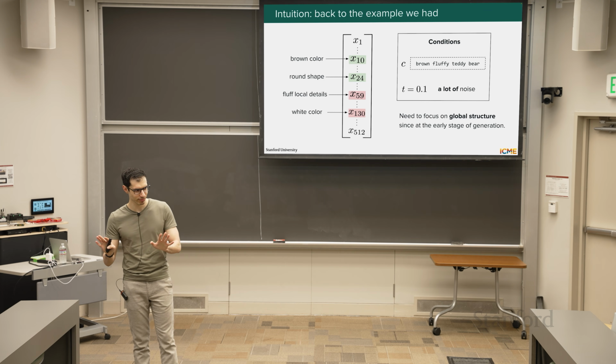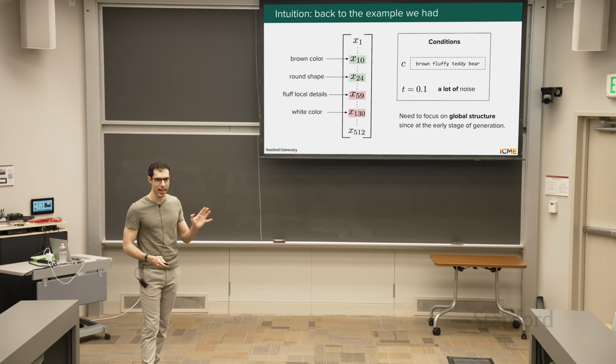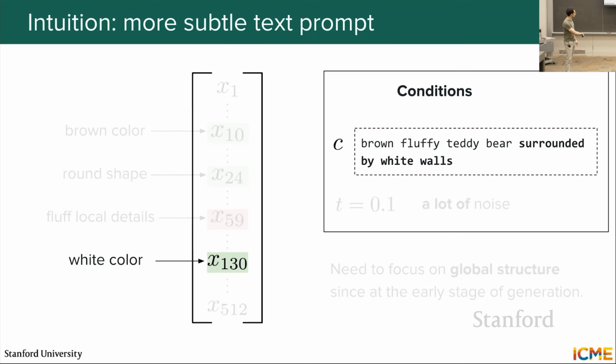Do you remember that? So let's suppose now I'm changing the class label or the condition, the text input, to brown, fluffy teddy bear surrounded by white walls. So imagine I do that. Then the white color dimension, you would want to also have it emphasized, right? Because you have white in your input.